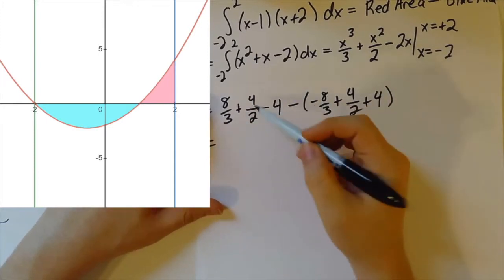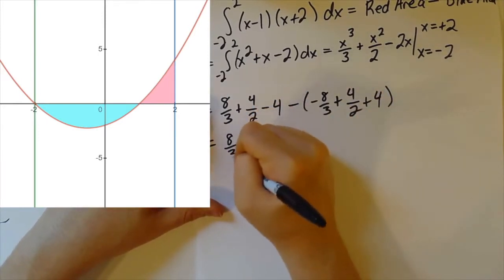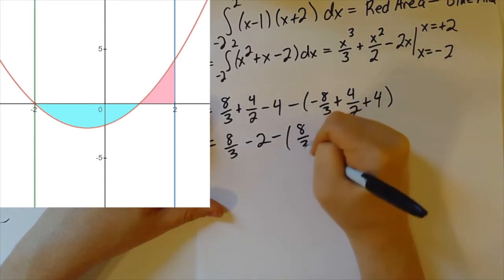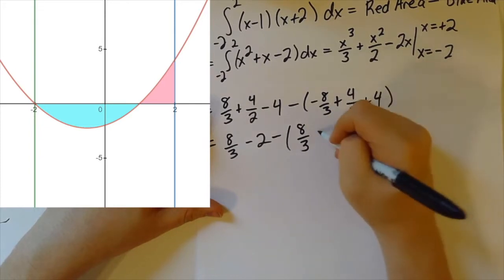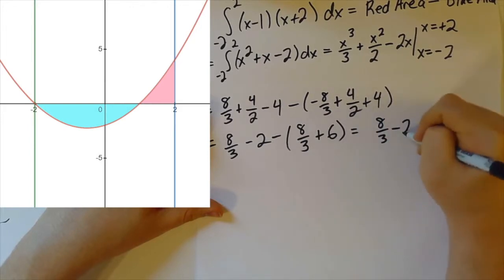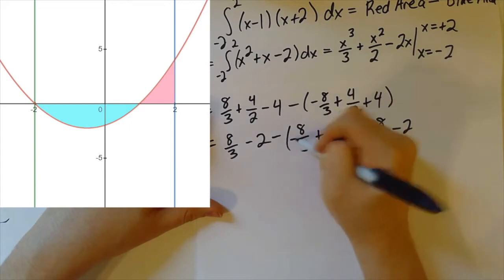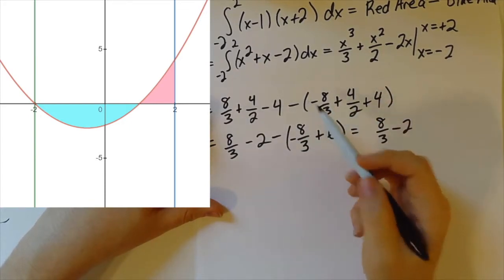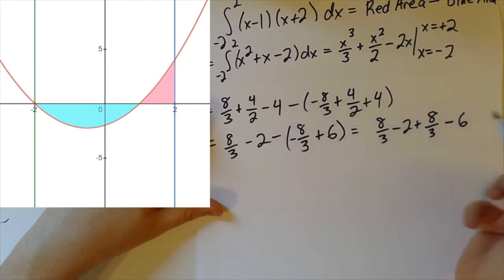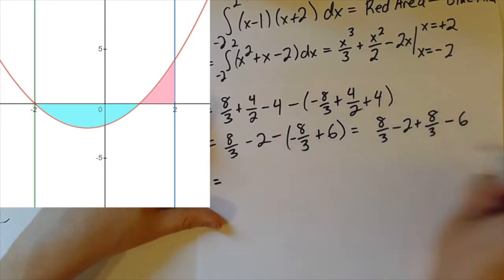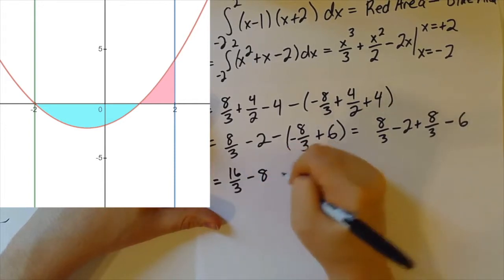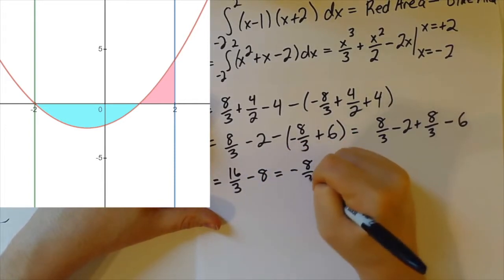Okay, so let's try, that's 2 minus 4, so this is 8/3 minus 2, minus, and then 8/3 plus 6... oh, sorry, I skipped that minus. Minus 8/3, this is minus 2, plus 8/3, minus 6. So that is 16/3, and then minus 8, which is minus 8/3.